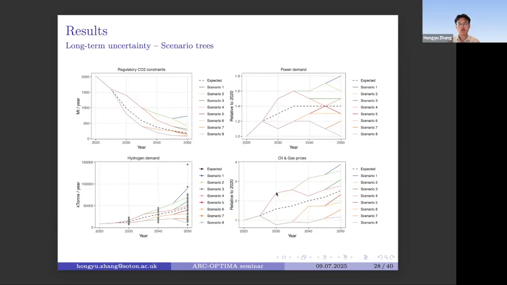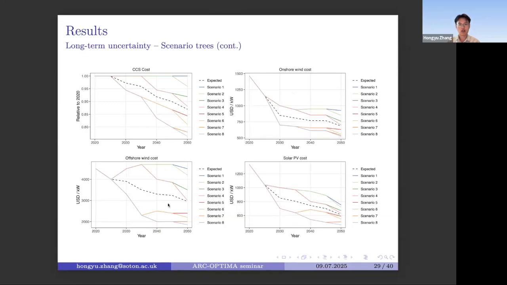And 5 of them are cost coefficients: the gas prices and the technology costs, mainly around renewable technology costs and CCS. Here the scenario trees are generated so that the mean tree, the tree with mean values, is from some expert opinion, and then we generate the branches based on that.